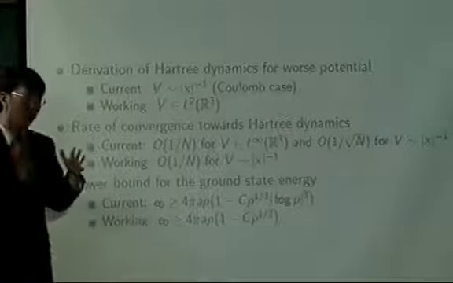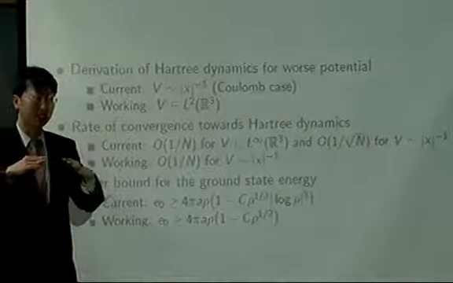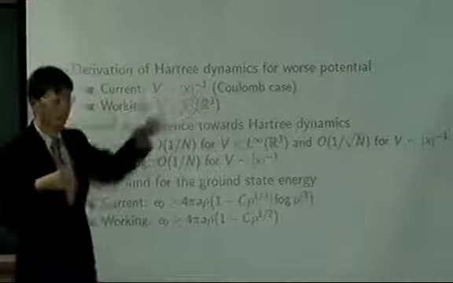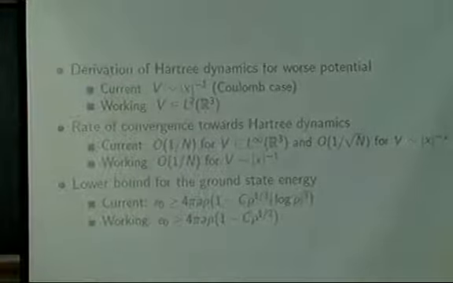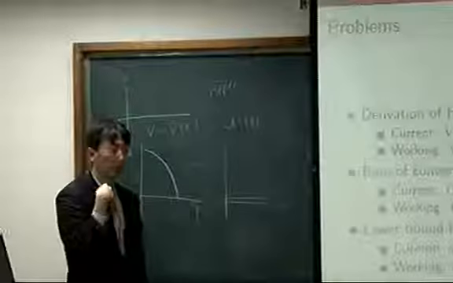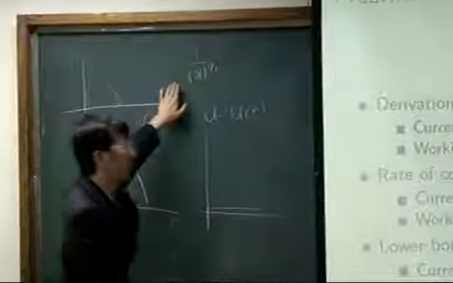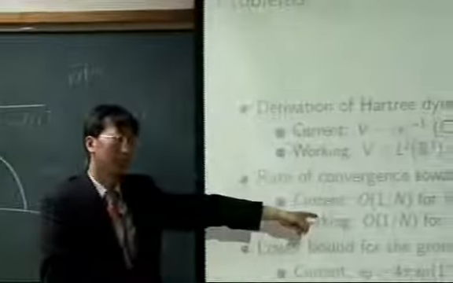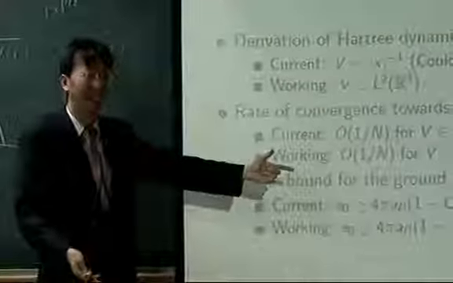Of course, this L infinity, the bounded potential, is much better than this Coulomb in terms of singularity. And if V is in L2, so that it is like 1 over x to the 3 halves, then it's even much more singular. In this case, that result of the Hartree dynamics should also hold, and we're going to prove it.